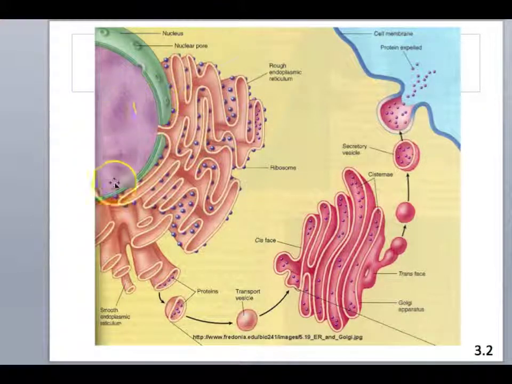But in order to read those nucleic acids, which are only 4 different nucleotides, you create a messenger, which is the messenger RNA. The messenger RNA is read through a ribosome, which is feeding that amino acid chain into the endoplasmic reticulum. And so it refines it a little bit and sends it off in a vesicle that goes to the Golgi, which finishes refining it and then sends it off where it needs to be.